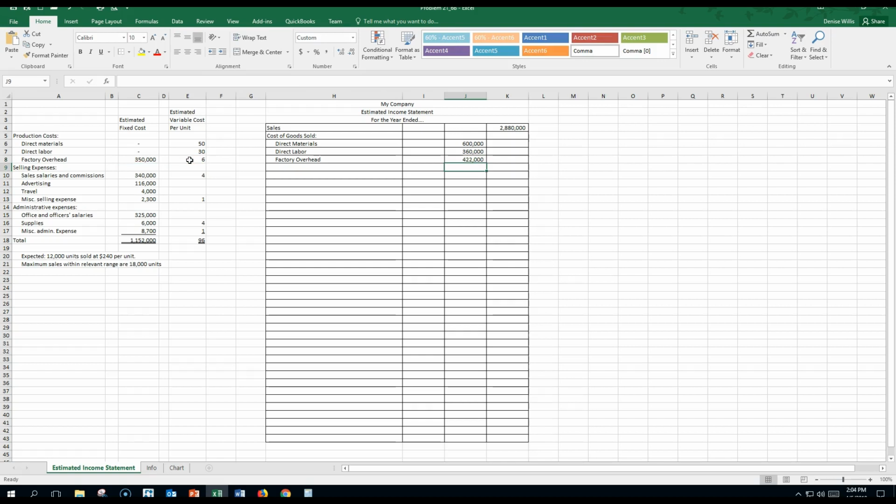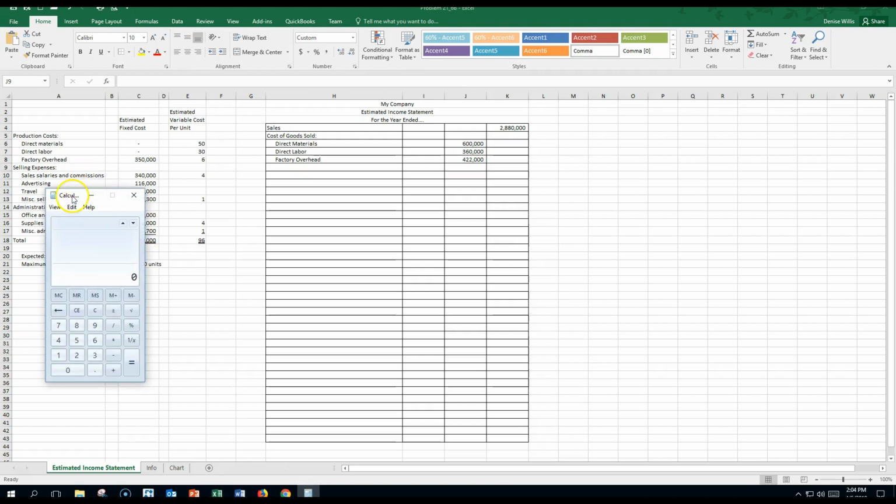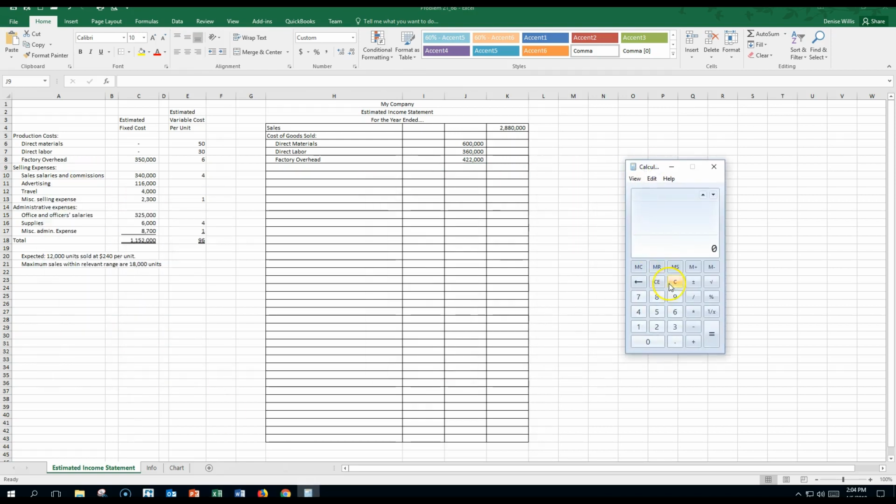If I were going to pull up a calculator, let me show you that one more time. The variable portion was 6. That times 12,000 equals that. To that number, I'm going to add the fixed amount of 350,000. And you can see I got the number right there.